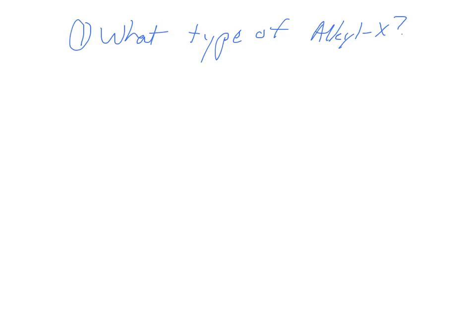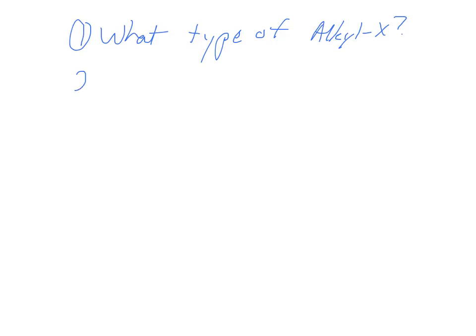That question can really differentiate fast some of these things. If it's not tertiary, or if it's not allylic or benzylic, you can't make a carbocation, so it automatically eliminates SN1 and E1. If it's tertiary, it also immediately eliminates SN2. So that's probably the first question I would ask.